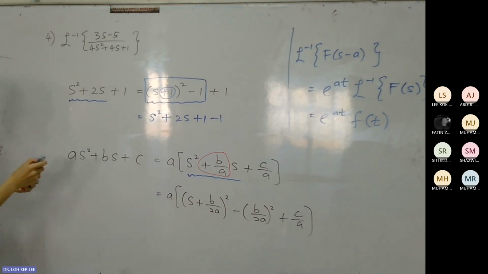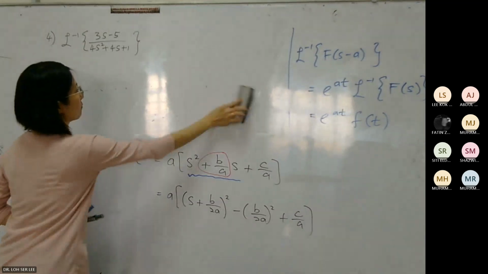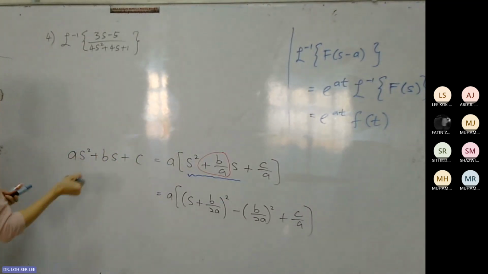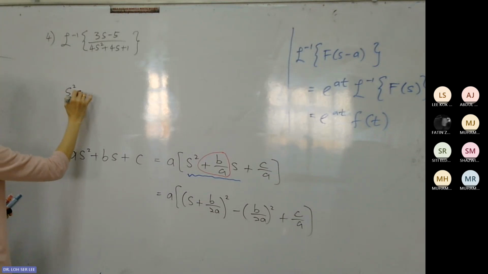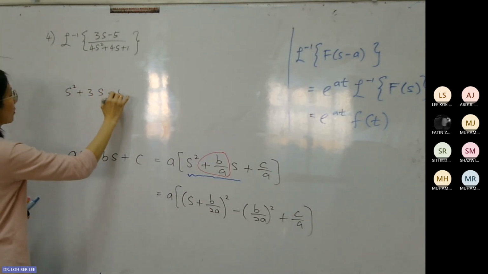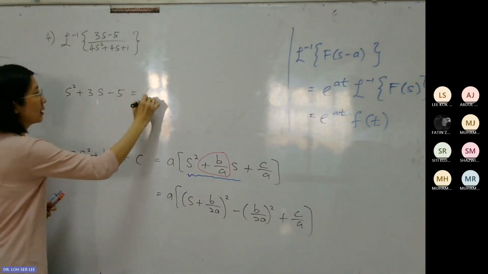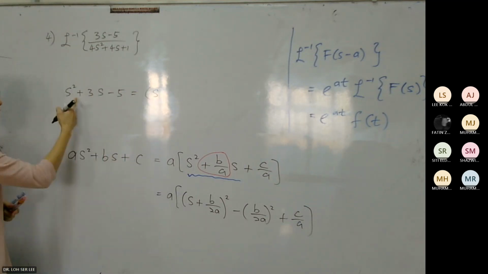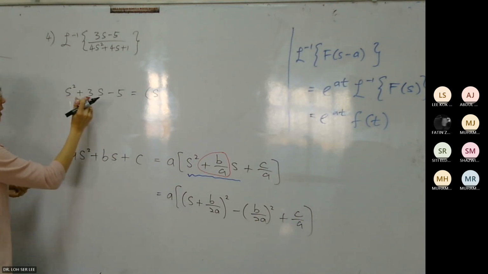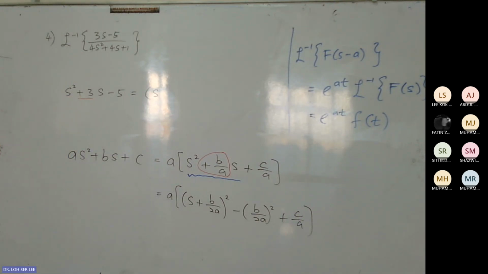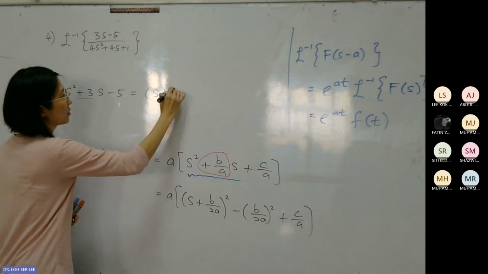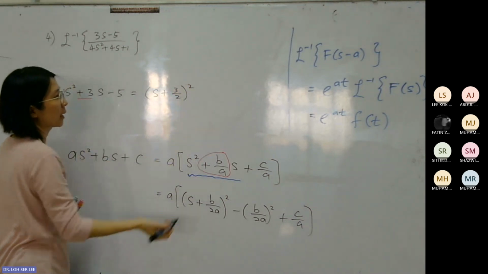I give another example. Let's say we have s squared plus 3s minus 5. The coefficient is 1, so we don't have to do the factorization. We will start directly. S squared, we write it as s plus 3 divided by 2, that is 3 over 2, close the bracket square.